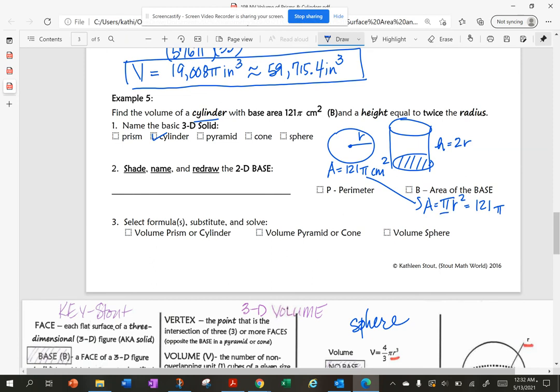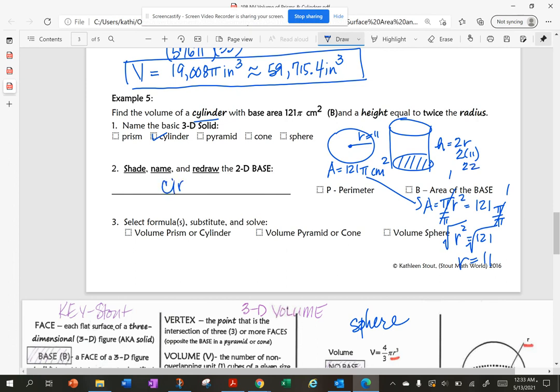I can divide both sides by pi. Pi divided by pi is 1. So I get r squared equals 121. Taking the square root of both sides, I get r equals 11. So if the radius is 11, my height is 22.